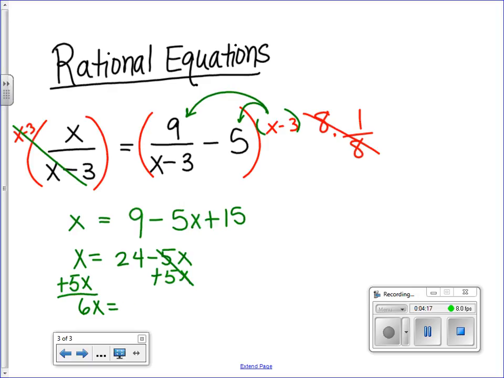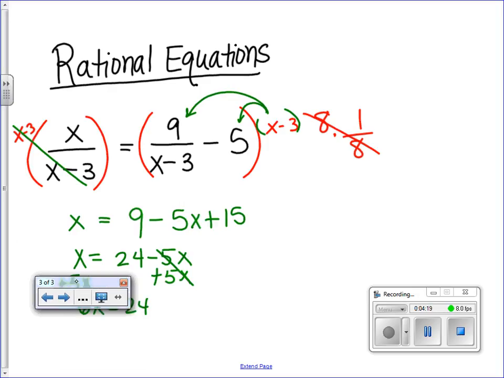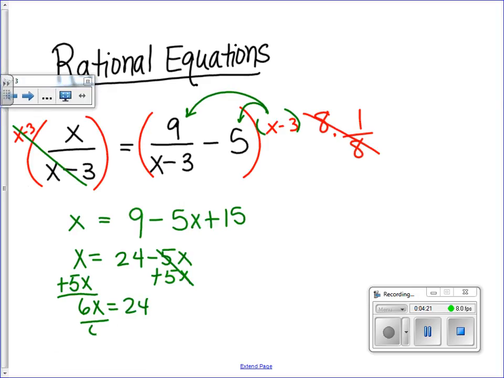Okay. 6x equals 24. Exactly. Divide by 6. x equals 4. Okay. That's easy, right? I'm not tricking you. That's easy.